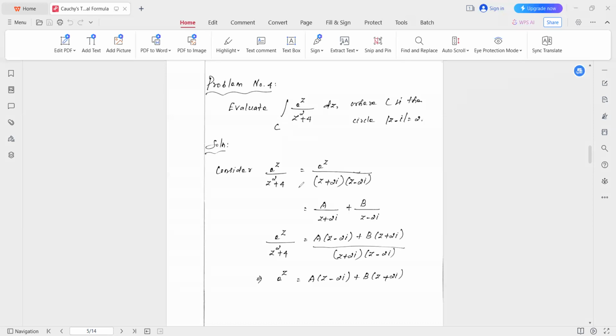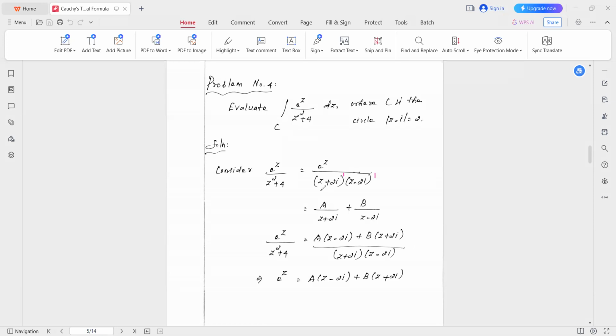This is the general method. We cannot apply Az plus B here and Cz plus D there. If it is of degree 1, then we have to split this into A by z plus 2i and B by z minus 2i.